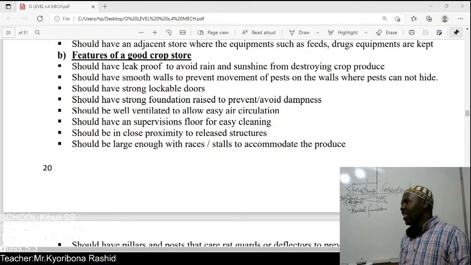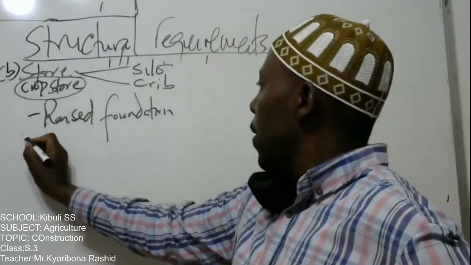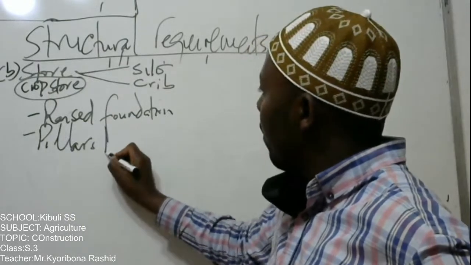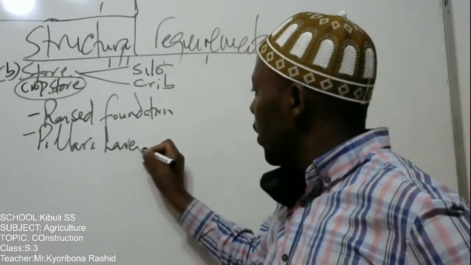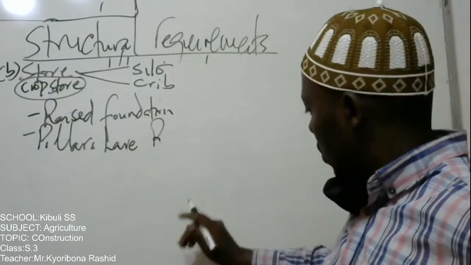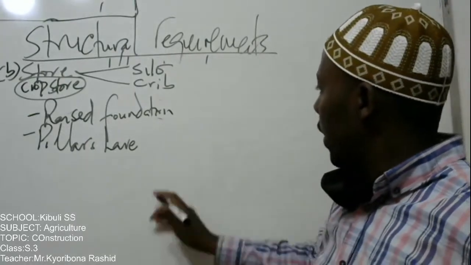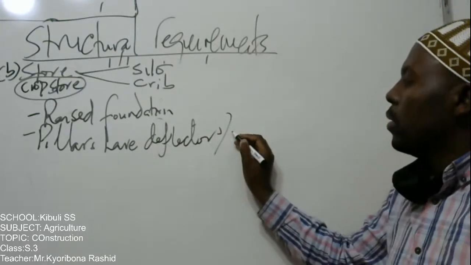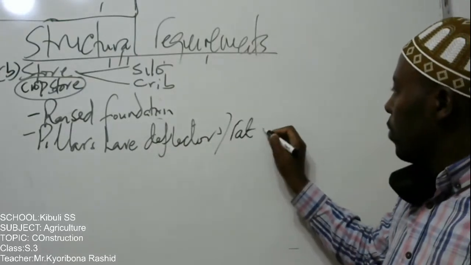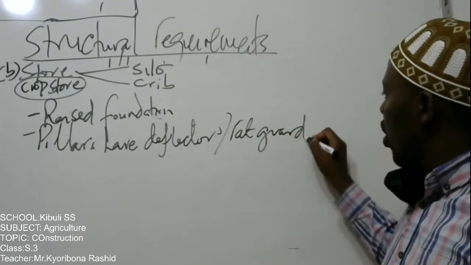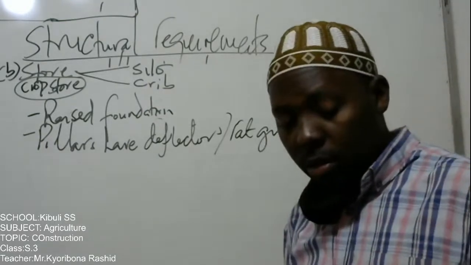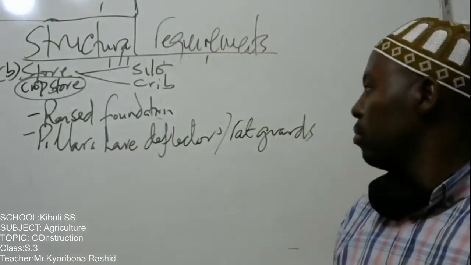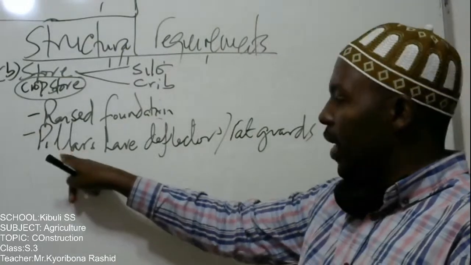Okay? And when raised, they should be fitted with pillars that have guards. So let me use the word deflectors or rat guards. Because rodents like grains. So it should have the pillars.